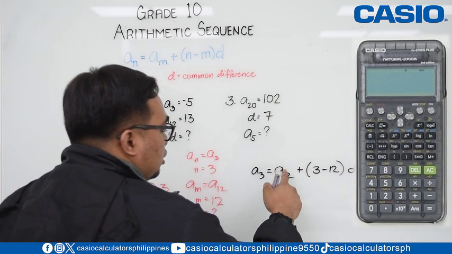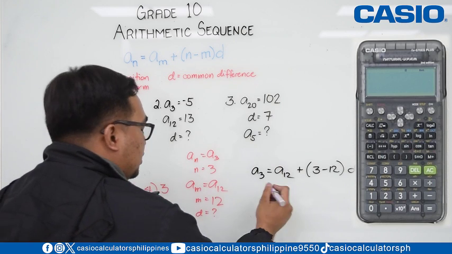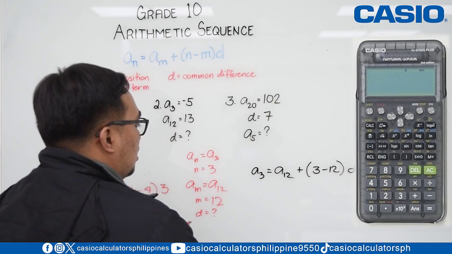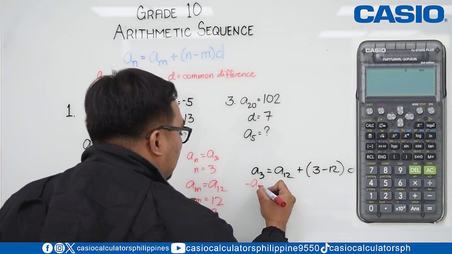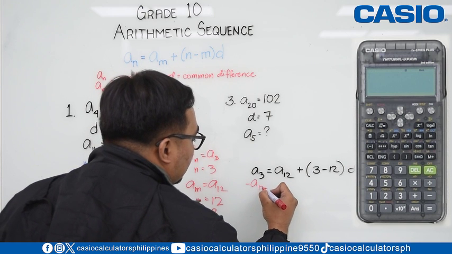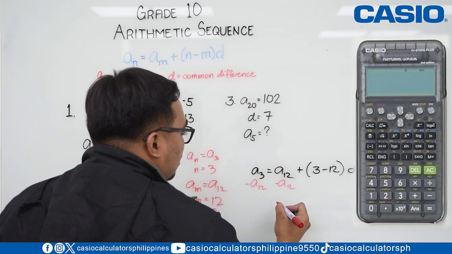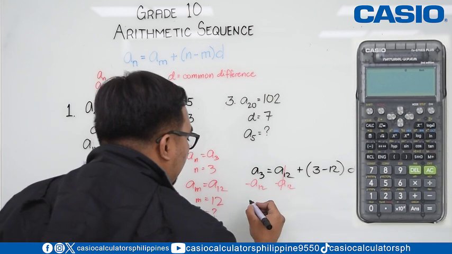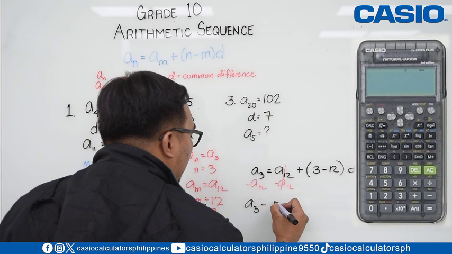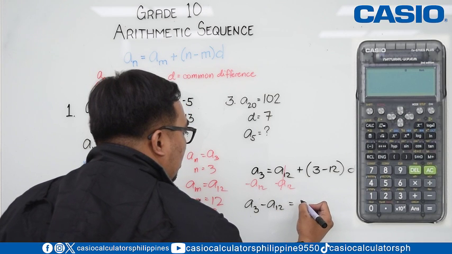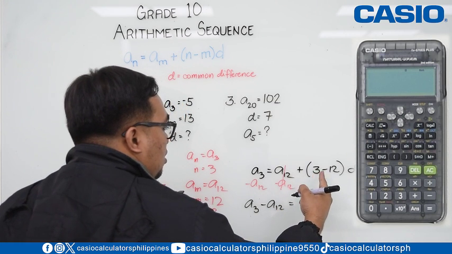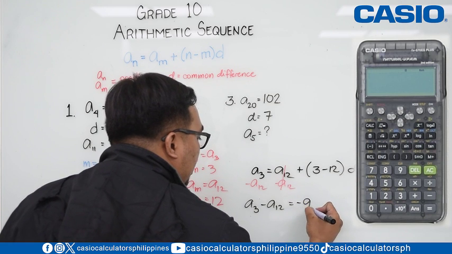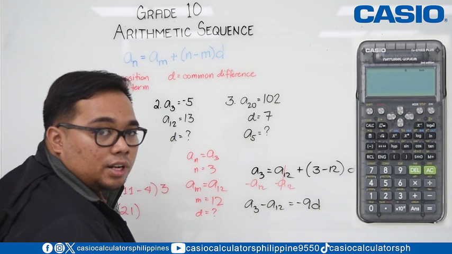Now, we need to transpose a sub 12 to the left side by subtracting both the left and right sides by a sub 12. So this will be transposed to the right side. And we have here a sub 3 minus a sub 12 equals, what is 3 minus 12, negative 9 times the common difference.